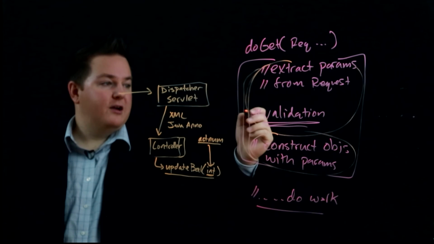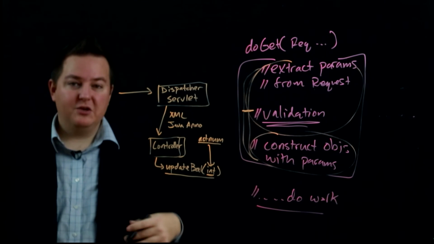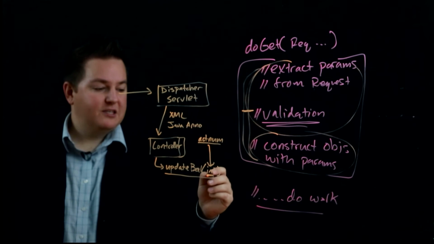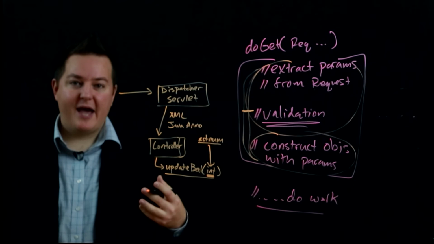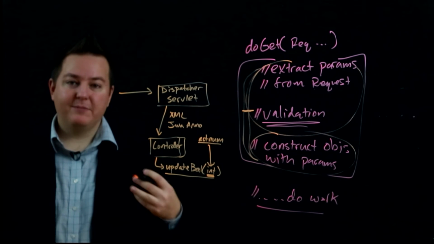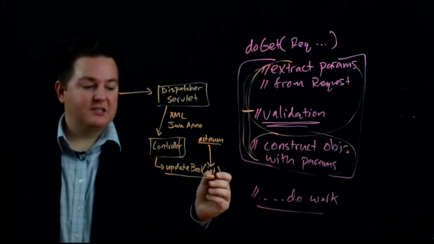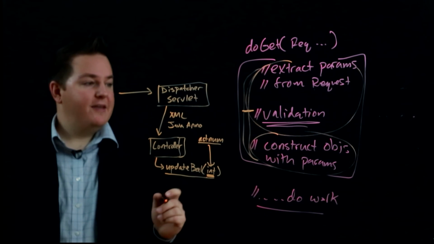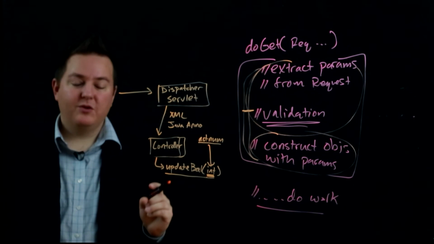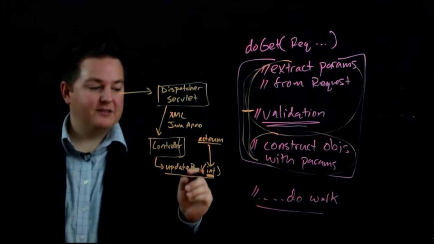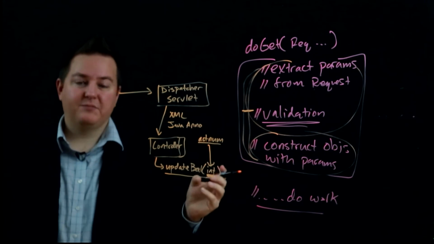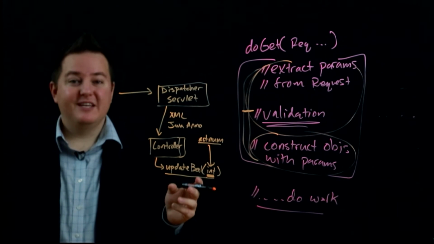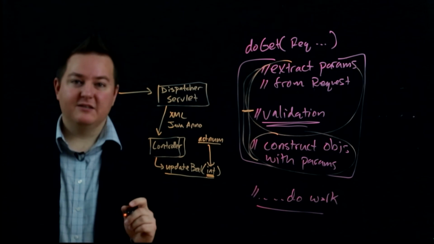It will automatically do some level of validation, and you can give it more validation to do depending on how you configure it. But at the very least, it will check that what was passed as data in the request for that particular parameter actually matches the type that you are expecting in your method. And then it can also do actual object marshaling, and I'll talk more about this later, but it can actually extract a series of parameters from the request and automatically marshal them into an object that gets passed into this method.